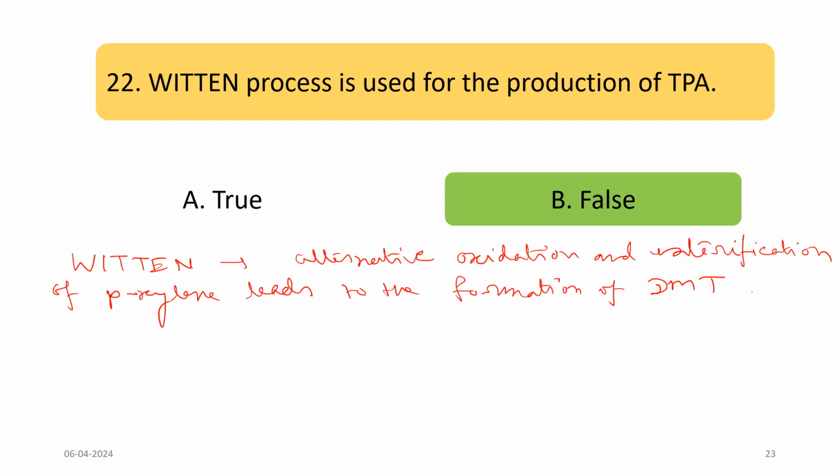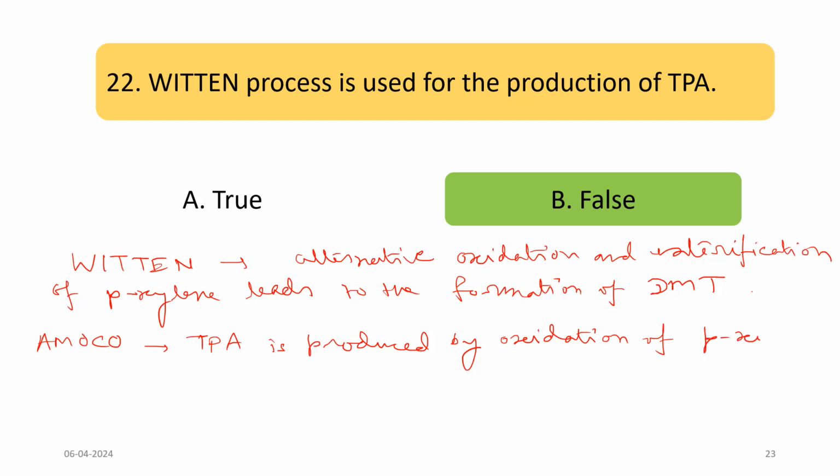So in the Amoco process, TPA is produced by oxidation of p-xylene. How?